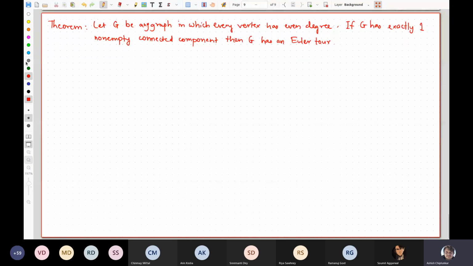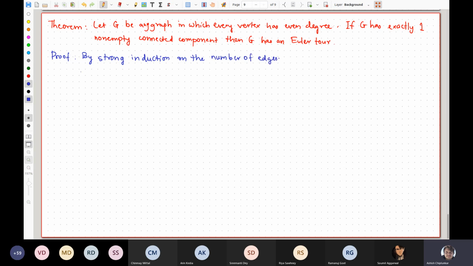Okay, so now proof by strong induction on the number of edges.